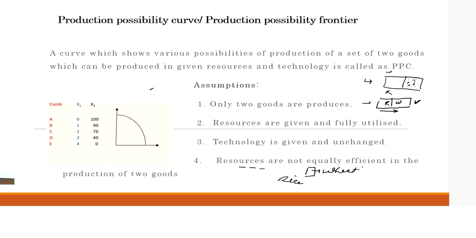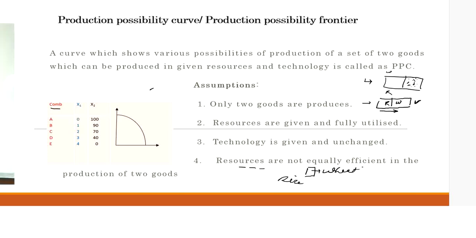Now let us see the production possibility curve, PPC. In the first column, combinations of two goods are given which can be produced with the given resources. This line, this boundary, indicates the available resources.